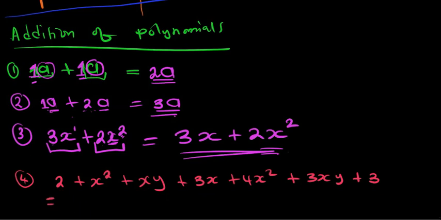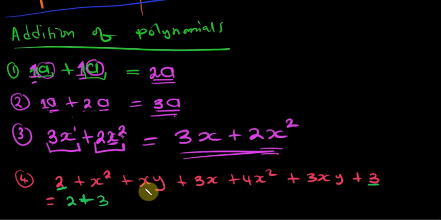What's the first thing that we need to do when we are adding algebraic expressions? Well, first thing, you look at all the terms and collect all the like terms. So in this case, we have 2 and a 3. All these are constants, they are numbers, so we can group them together. 2 plus 3, we group them. That is done. Good job.